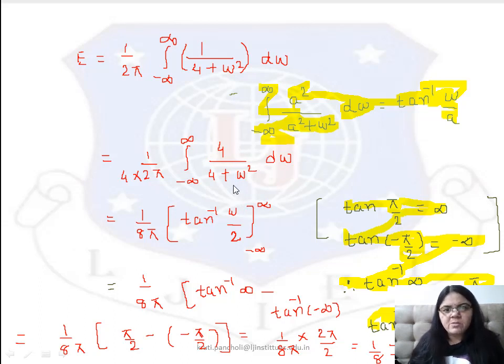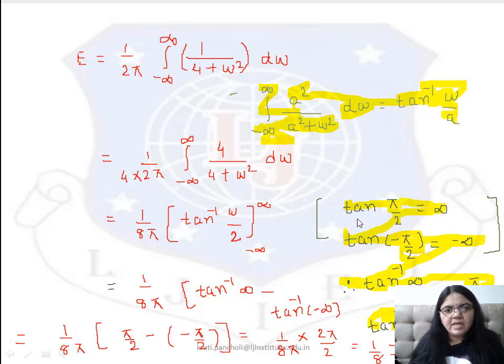So now we are putting this particular function over here, that minus infinity to infinity 4 upon 4 plus omega square can be represented by tan inverse omega upon a. So it is tan inverse omega upon 2. Limit is minus infinity to infinity. So we are putting tan inverse infinity by 2 minus tan inverse minus infinity by 2.